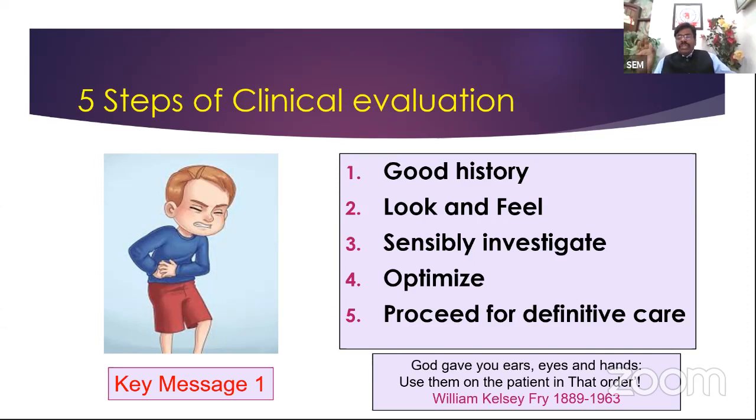So you have to be very, very swift in taking the history, then make the patient comfortable by giving some immediate analgesics, then start examining the patient: inspection, palpation, percussion, auscultation. Then you decide about doing some basic investigations like urine, blood investigations, a simple plain X-ray of the abdomen. These are all the things you can do.